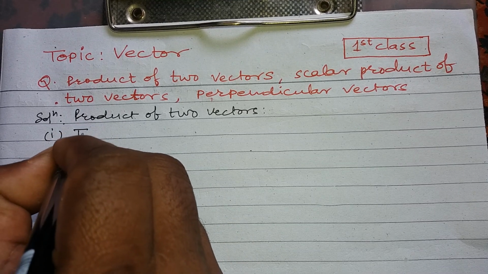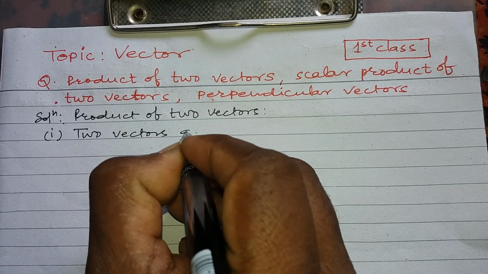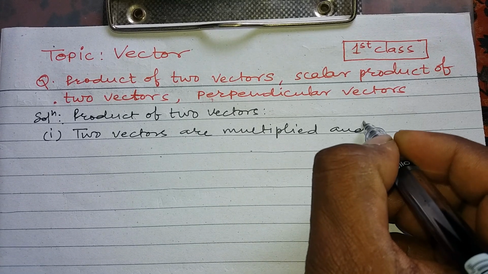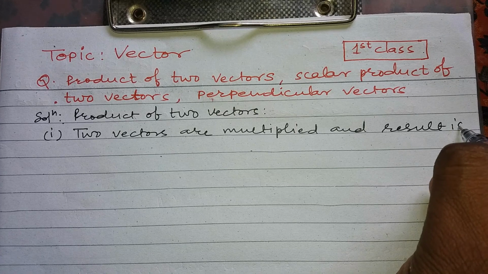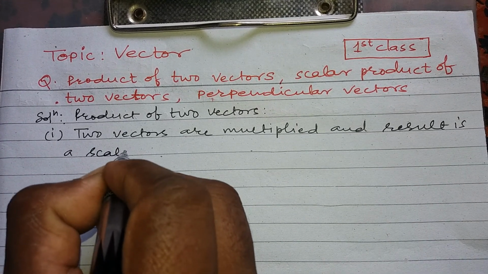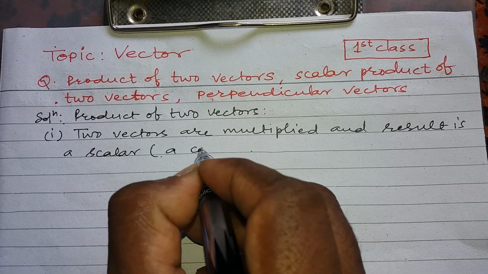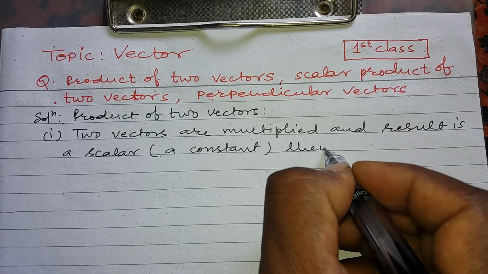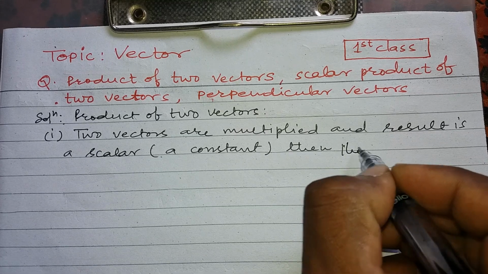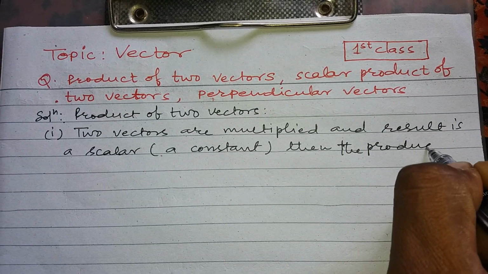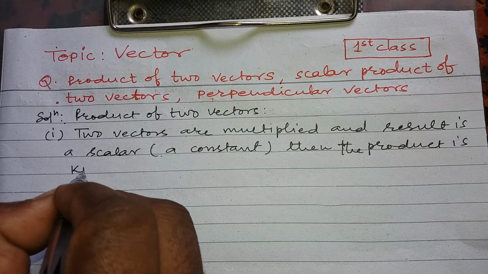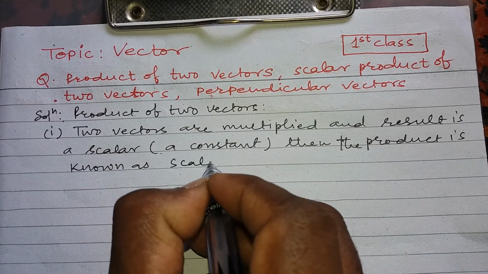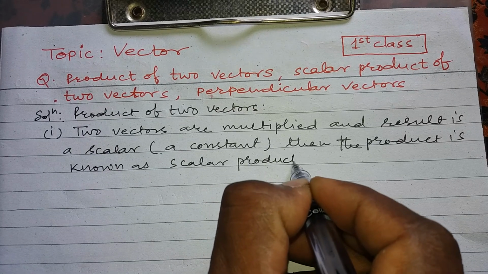Two vectors are multiplied and the result is a scalar, meaning a constant, then the product is known as scalar product.